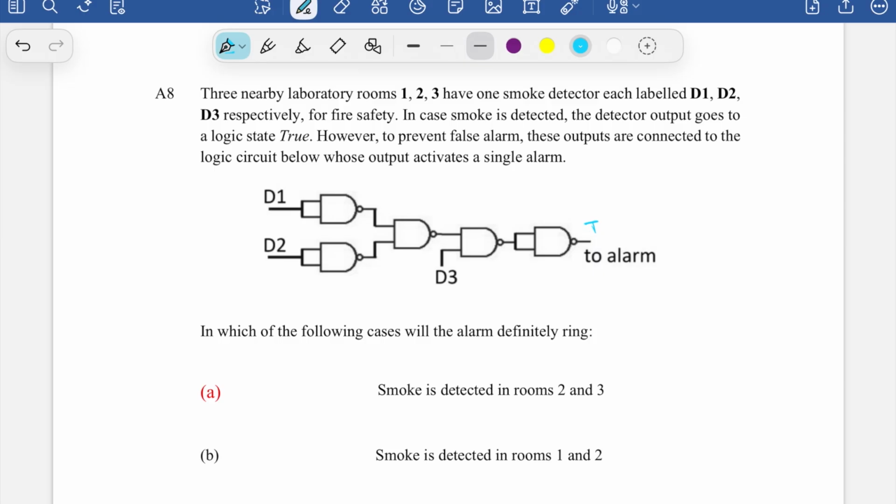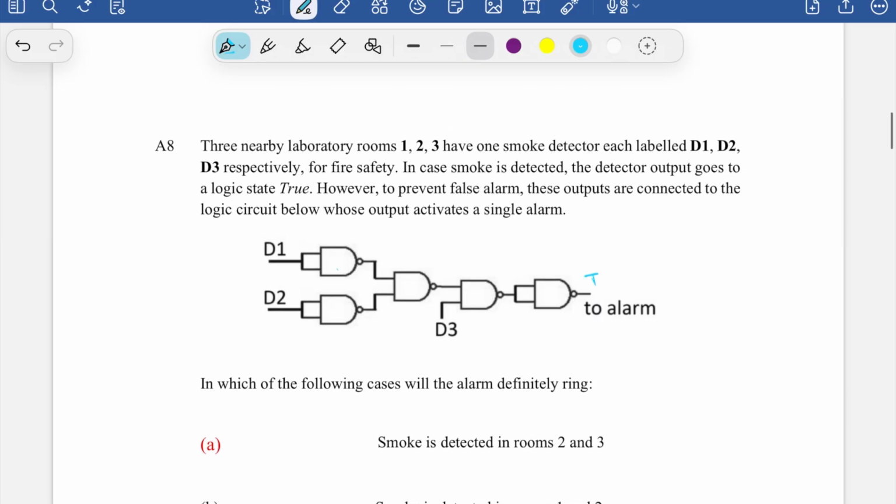The circuit has only one type of logic gate, that is the NAND gate. These are NAND gates, and its truth table is: when both the inputs are 0, the output is 1.